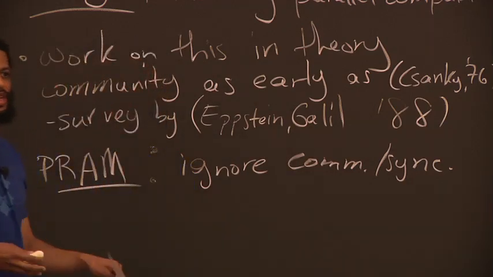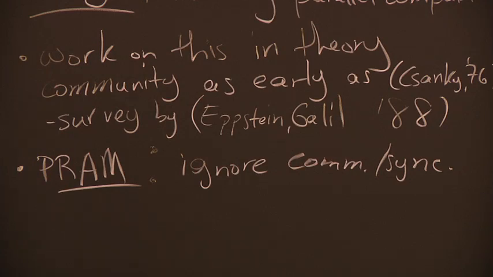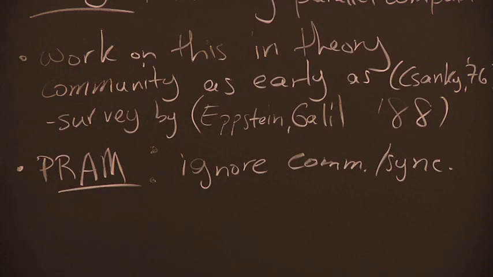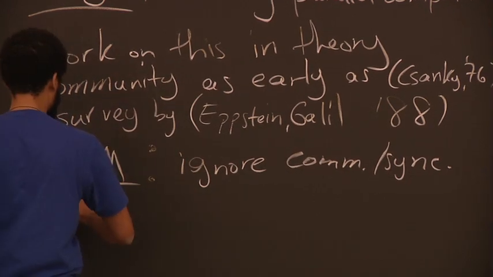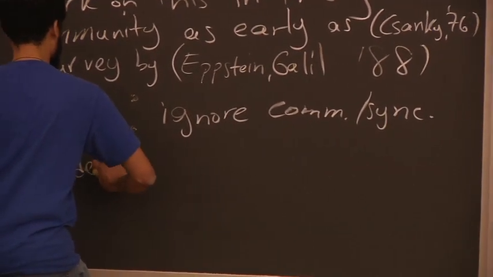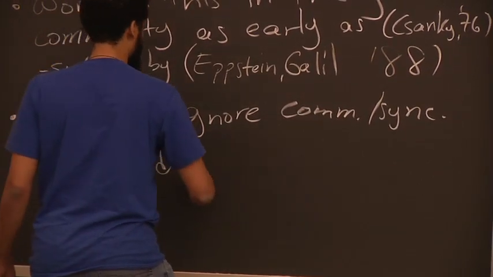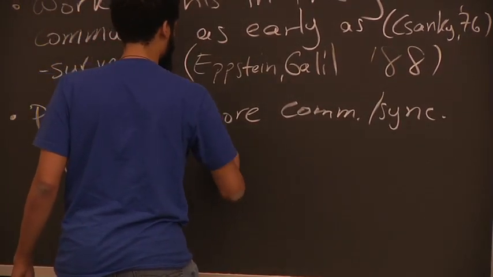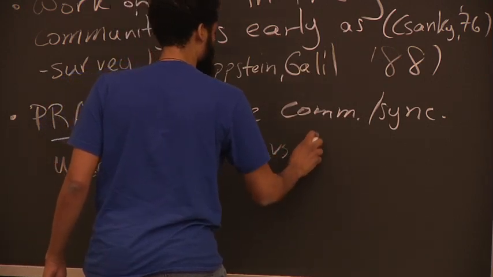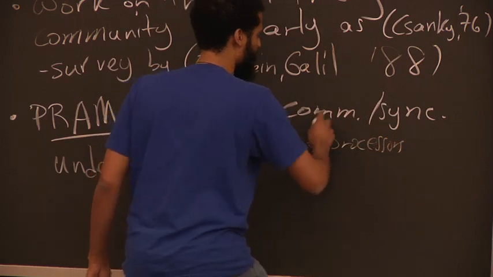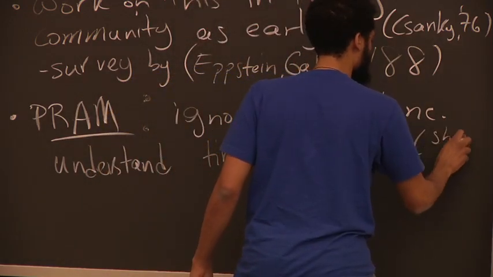All processors can read and write to this shared memory, and try to understand time versus number of processors. So when I say ignore communication, I mean there's a shared memory amongst all processors.